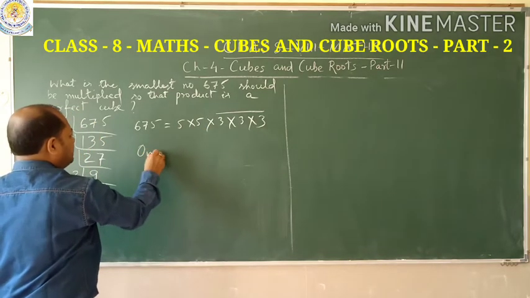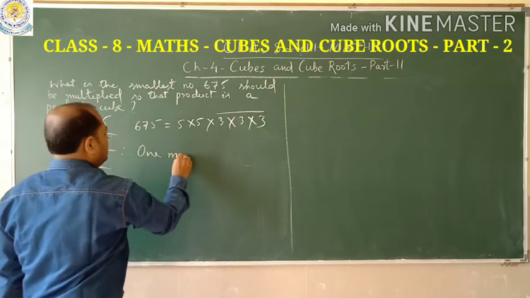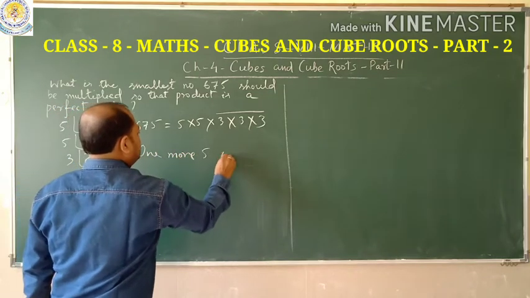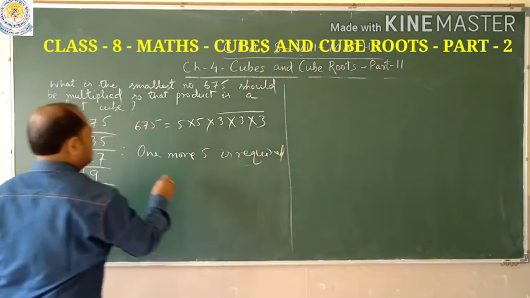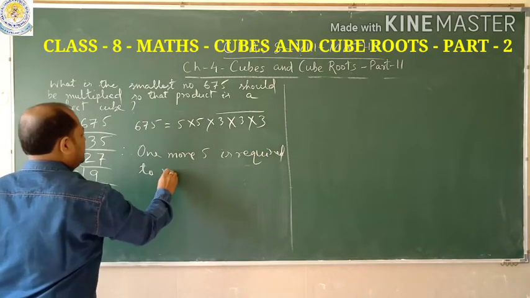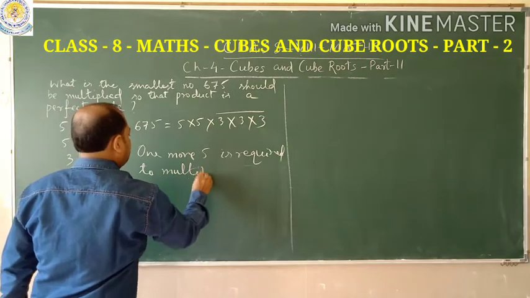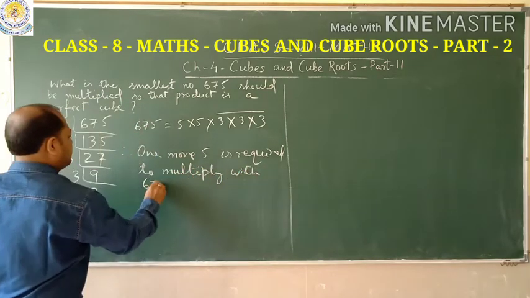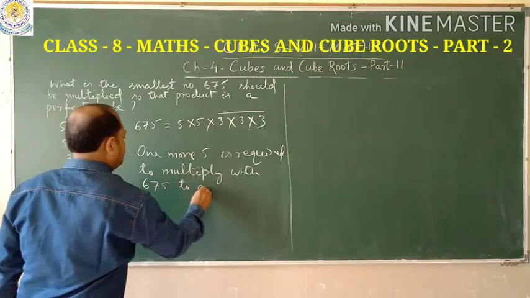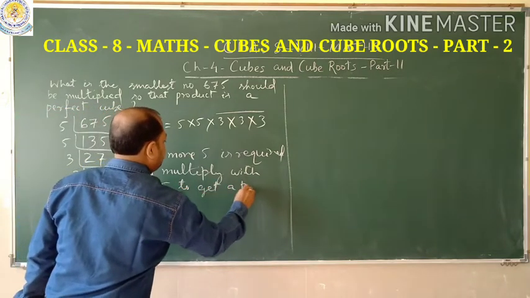Therefore, 1 more 5 is required to multiply with 675 to get a perfect cube.